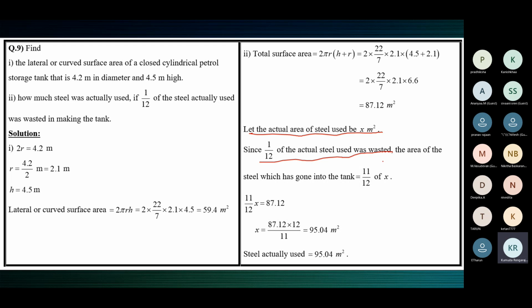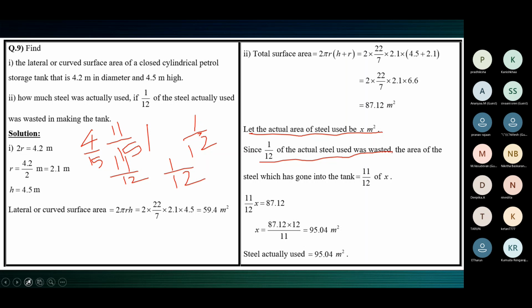From 1, if 1/12 is wasted, that means 11/12. Like if 1/12 of the class are boys, that means 11/12 are girls. If 4/15 of the class are boys, then 11/15 are girls.